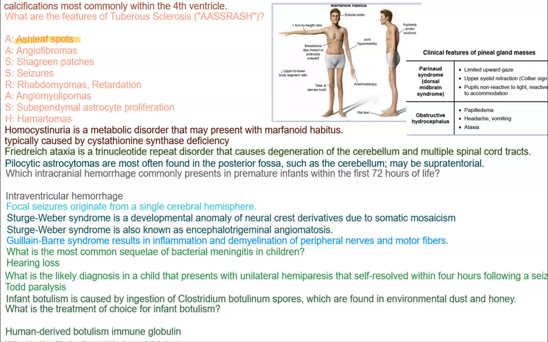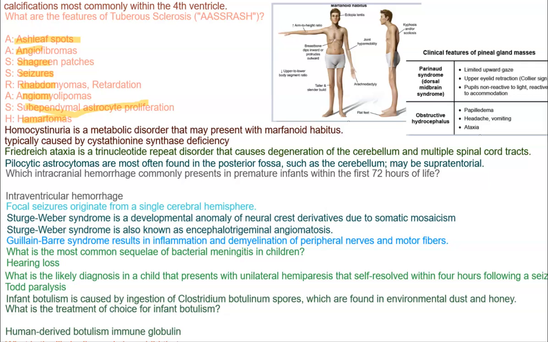Ash leaf spots, which we talked about, angiofibromas, which we also talked about, Shagreen patches, seizures, rhabdomyomas, retardation, angiomyolipomas, subependymal astrocyte proliferation, and hamartomas.